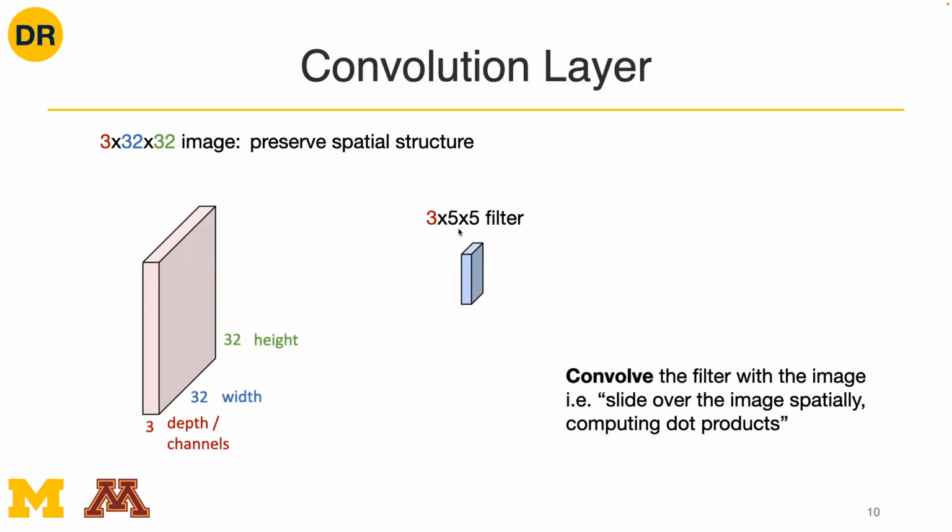So maybe this is a relatively small feature. Maybe it's an edge, and we want to search for where within the image this edge most appears. What the convolution operation is going to do is treat this filter as a sliding window. It's going to slide this filter across every possible spatial position of our input image, and then take a dot product for every one of those spatial positions where it would overlap with the image. That's going to represent our desired feature map.